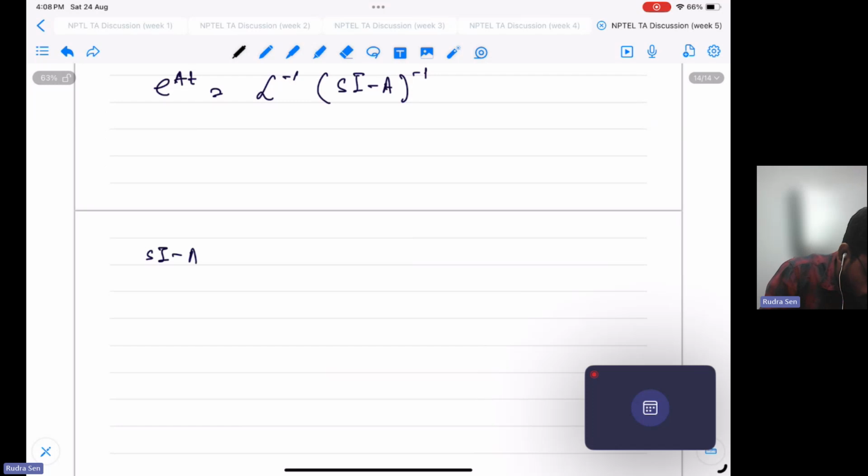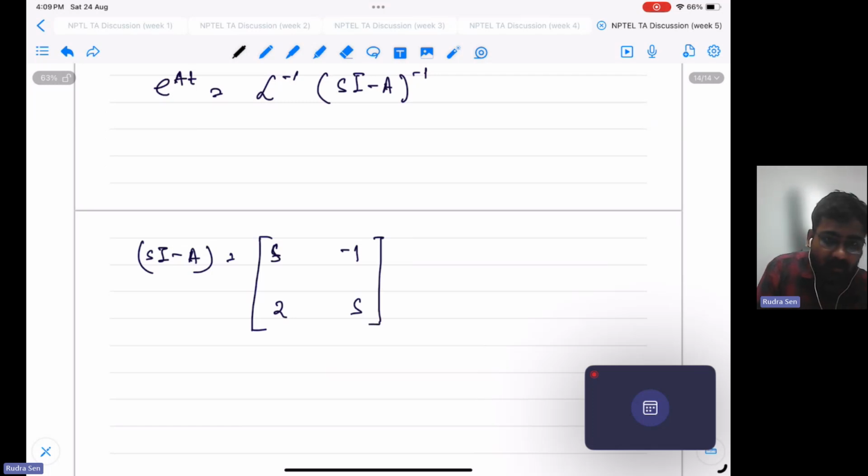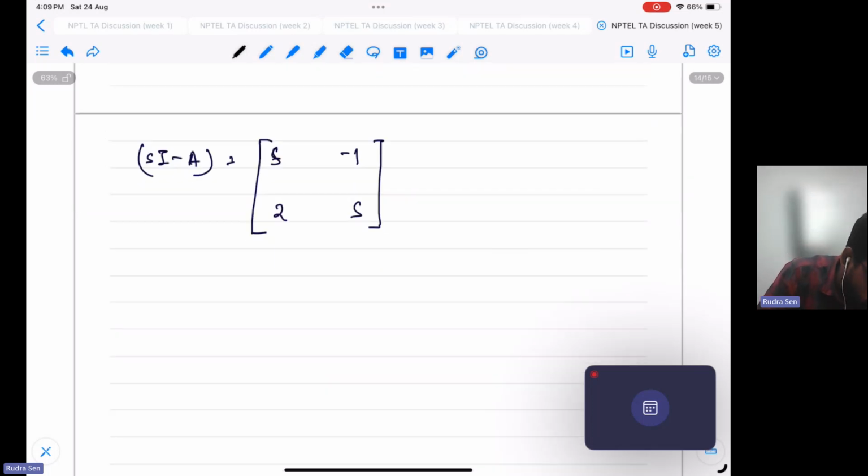So sI minus A is basically, with A being 0 1, minus 2 0, s, minus 1, 2, s. This is sI minus A, and I have to take its inverse.